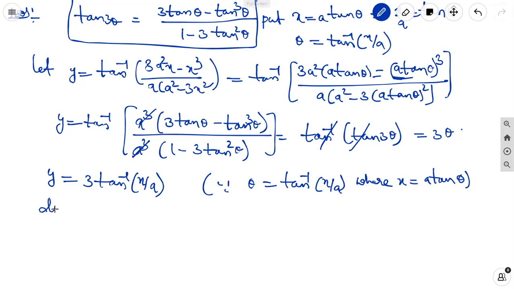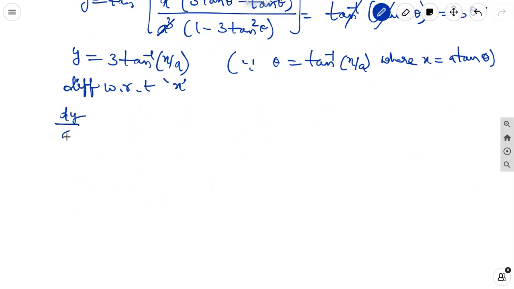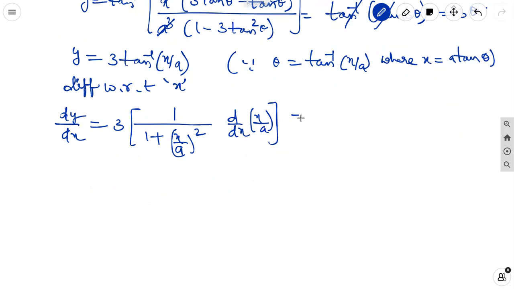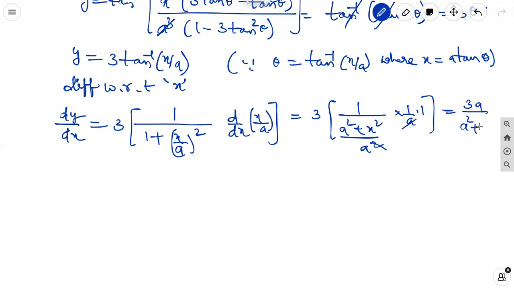Now differentiating with respect to x on both sides, then y differentiation is dy by dx equal to 3 is a constant, tan inverse u differentiation is 1 by 1 plus u square, u is x by a whole square, again d by dx of x by a, it is equal to 3 into 1 by a square plus x square whole by a square into x by a means 1 by a is a constant, x differentiation is 1. 1 a cancels, it is equal to 3a by a square plus x square.